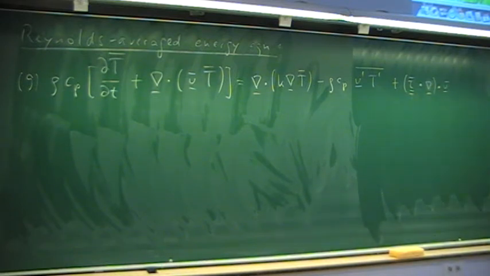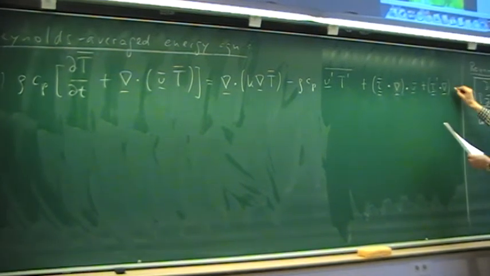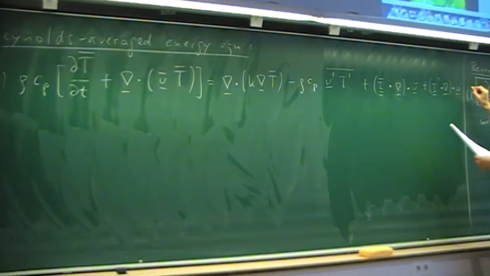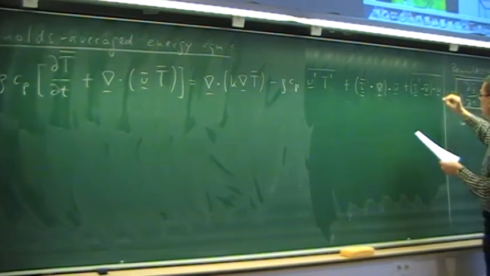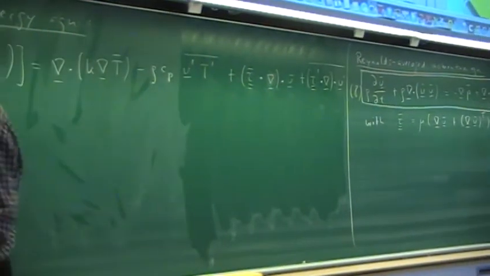And similar, we'll get also here contributions from the fluctuations. So that is then the tau prime, nabla, and then dot u prime, and then we have to take the average of this. So that these terms have to be modeled.